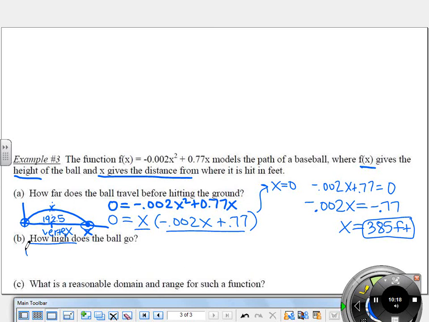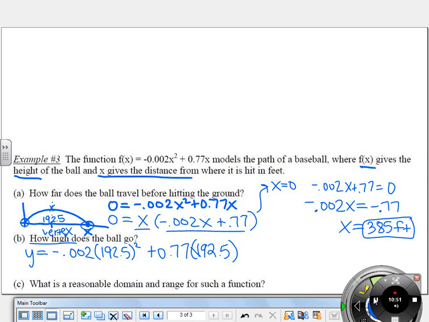So what I need to do is take that 192.5 and plug it into the equation I was given that models the motion to tell me what the y value, or the height, is at that distance from the thrower. I'm going to make sure I use 192.5 in place of all of the x values. Then we'll finish this calculation.